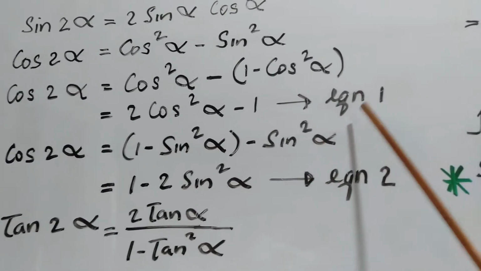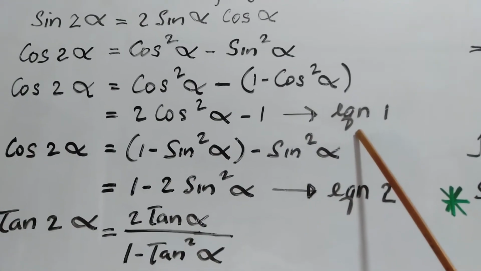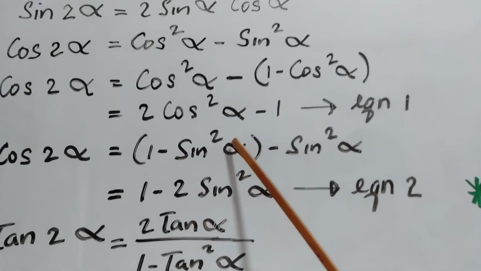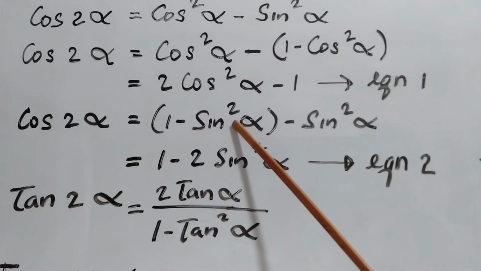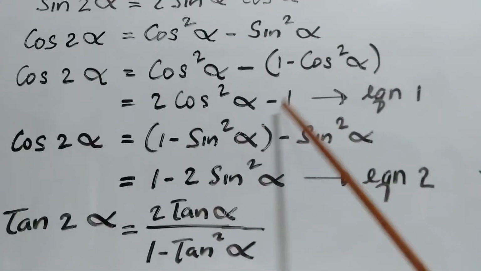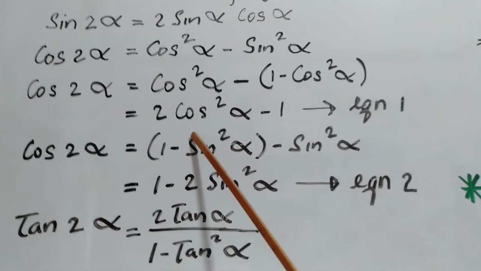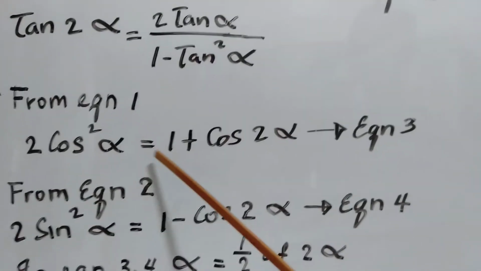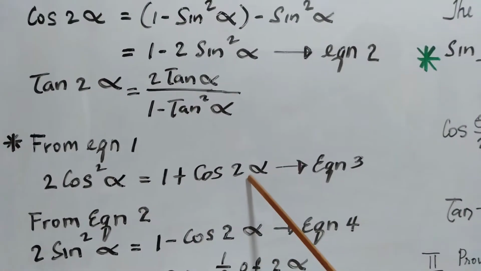So we're going to focus on equation 1 and equation 2. From equation 1, if you want to get the value of 2 cosine squared alpha, we just transpose this negative 1 to the other side of the equation. So this negative 1 becomes positive, and 2 cosine squared alpha will be equal to positive 1, the one that we have transposed, plus cosine 2 alpha.